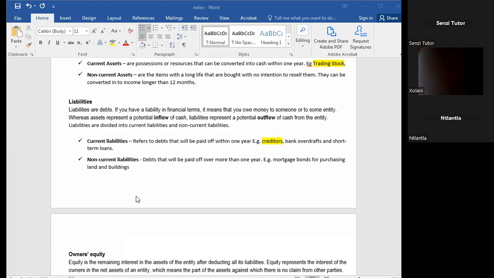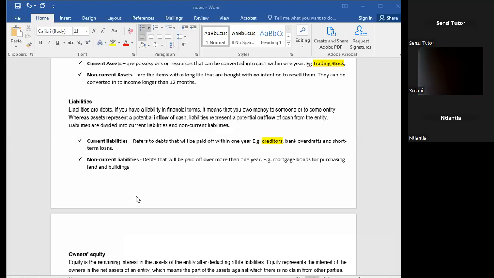And now we can talk about long-term loans. Now we've got a debt that can be payable in more than 12 months, or in more than 1 year. Imagine you go to your bank and borrow maybe 400,000, and then you will pay it off after 5 years.